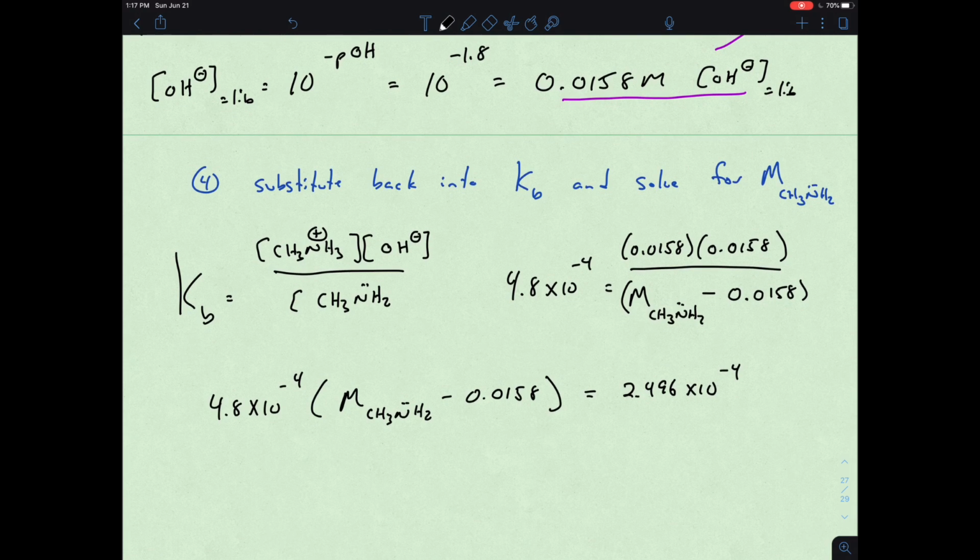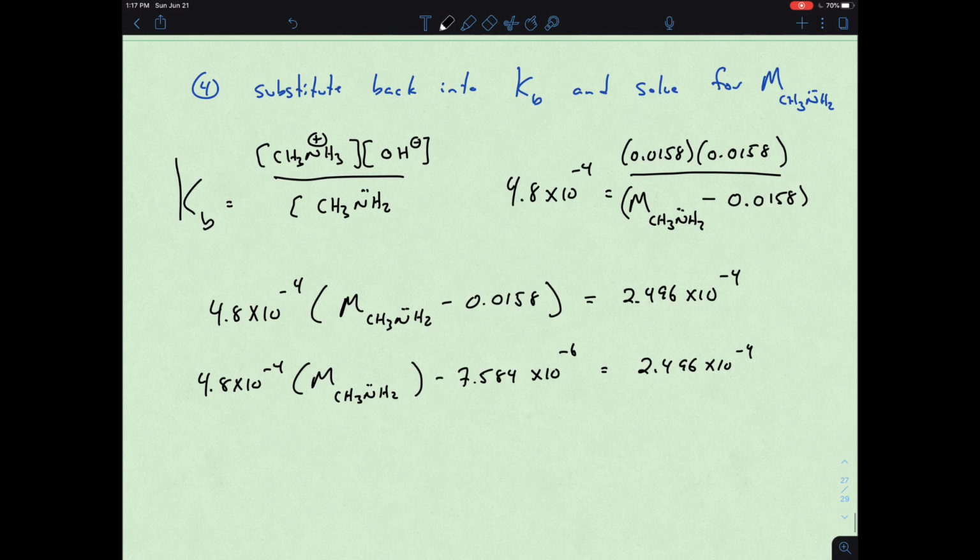If we distribute, we get 4.8 times 10 to the negative fourth times that initial molarity minus 7.584 times 10 to the negative 6. And so that's still equal to what we have on the right side.